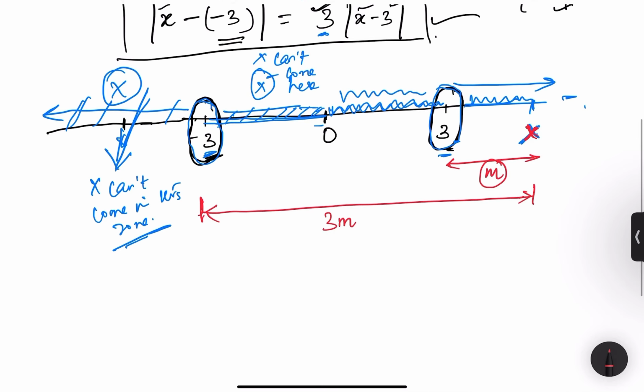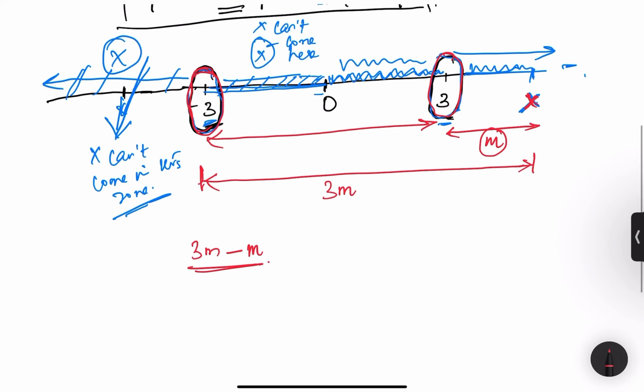Now we subtract 3m minus m. Why are we doing this? Because we know that minus 3 lies here and plus 3 lies here. So these are two given numbers, so we know the distance between them. Therefore we are basically subtracting the distance from minus 3 to x and the distance from 3 to x, so that we get this distance in terms of m, so that we will get the value of m.